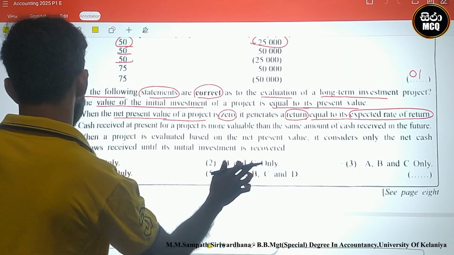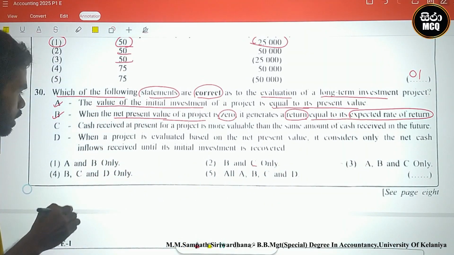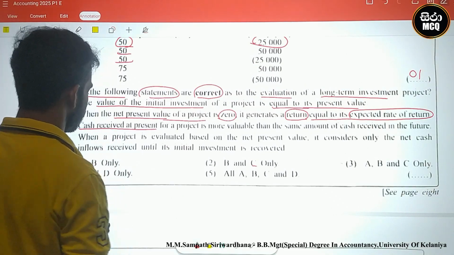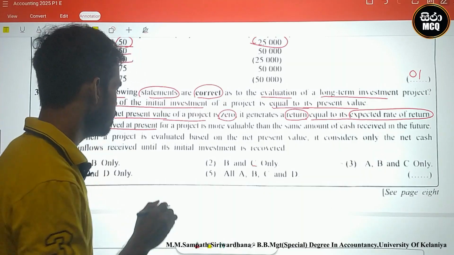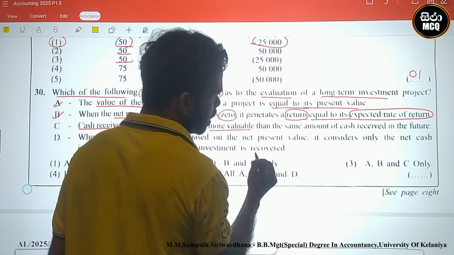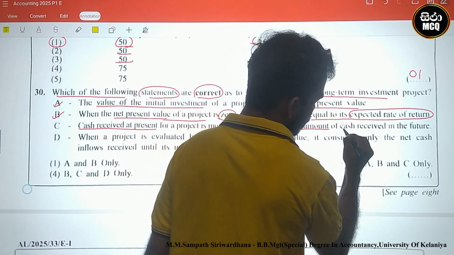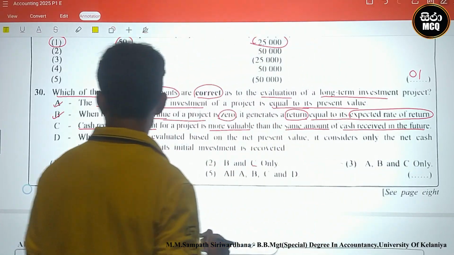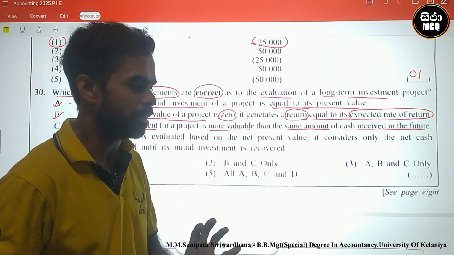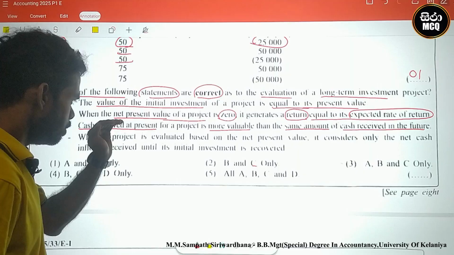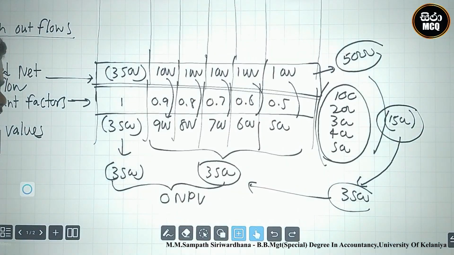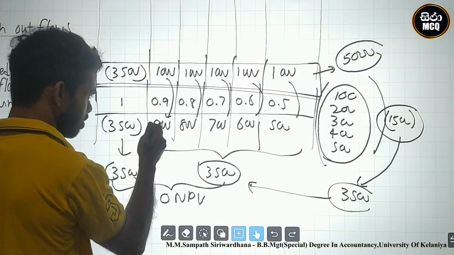Next point we go. The second one is okay. Let's see. Cash received at present for the project is more valuable than the same amount of cash received in future. Look here, cash received at present, the present time. Present means like here, this one is present.